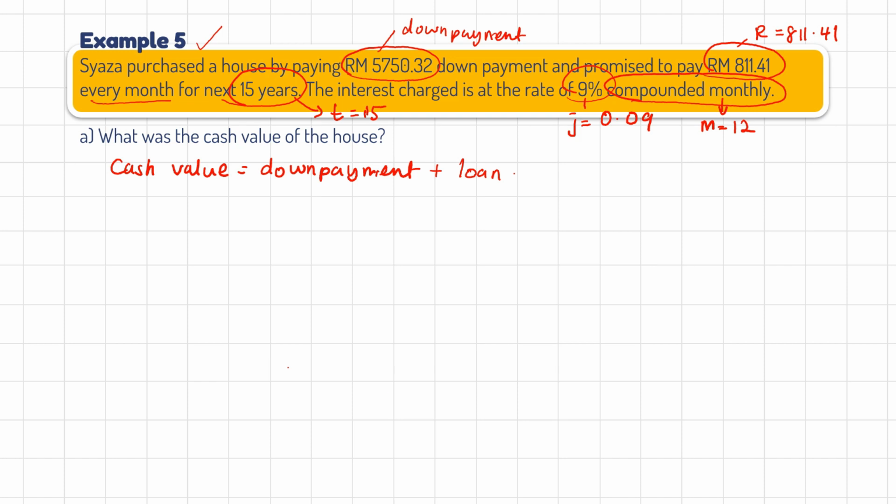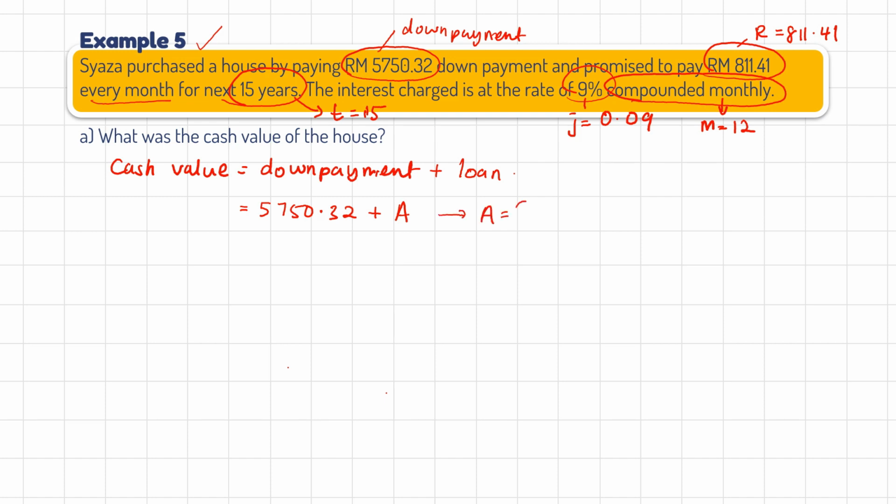The down payment is already given in the question, which is 5,750 and 32 cents, plus loan. Loan is represented by capital letter A. As I said in the last lecture, if the question asks you about purchasing a capital, we need to represent the amount as present value. So that's why loan is A, present value. If you don't have the money now, you cannot buy the house. So in order to find the cash value of the house, we need to find A.